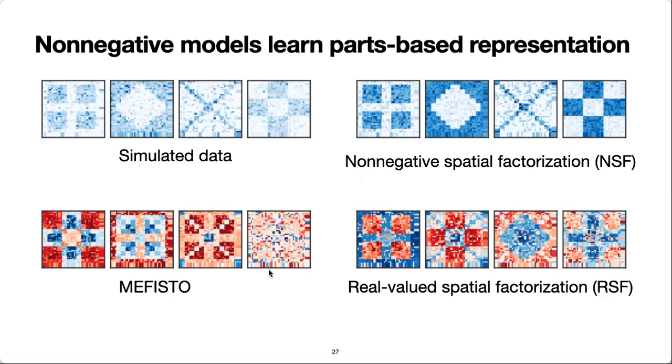And if we apply a method such as Mephisto, which uses real valued latent factors, or our implementation using real valued spatial factorization, both of these have real valued factors. The goodness of fit is excellent. Prediction is fine, but the interpretability of these latent factors is very limited by the fact that every factor is sort of a jumble of all the components.